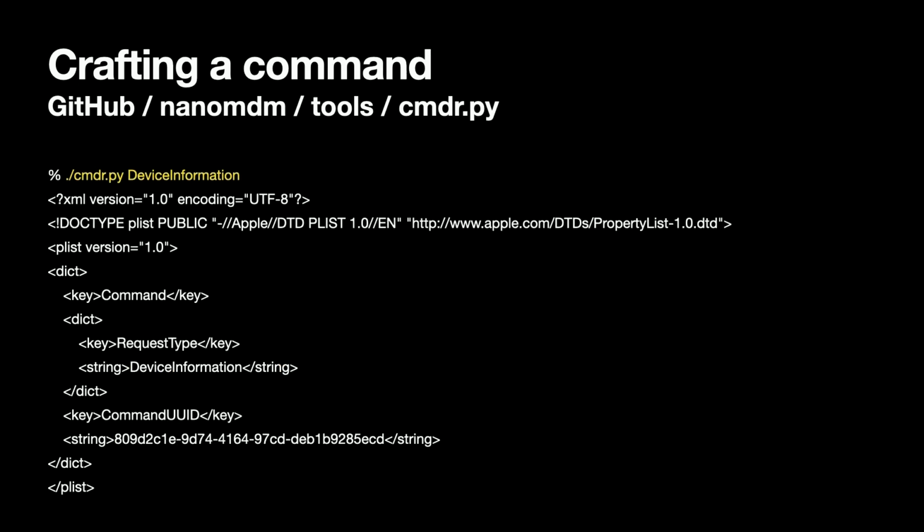But how do you know what a command is supposed to look like, right? We know that it's a plist, but there was that request type, and you can look up in the documentation and see the different things that need to be added. But under the Nano MDM, the open source MDM repo, my coworker and friend Jesse Peterson has a project called commander.py, and it's just a simple little script that will mock up what commands will look like for you.